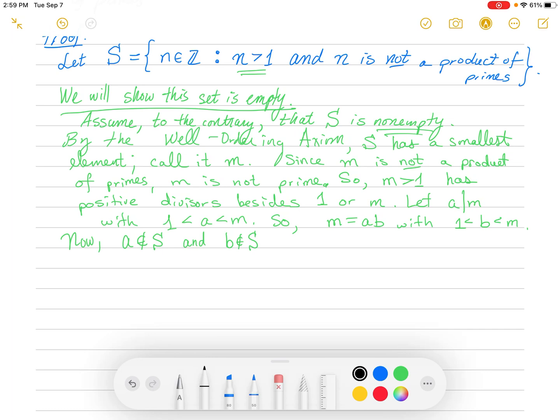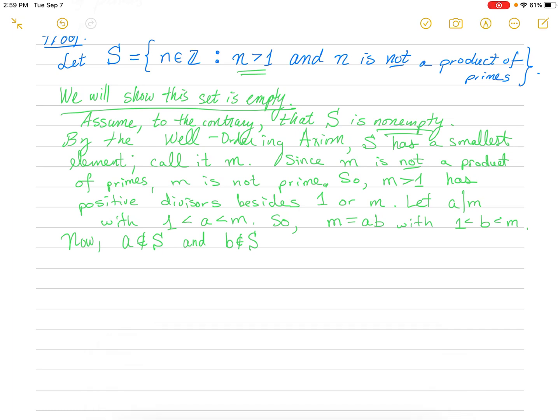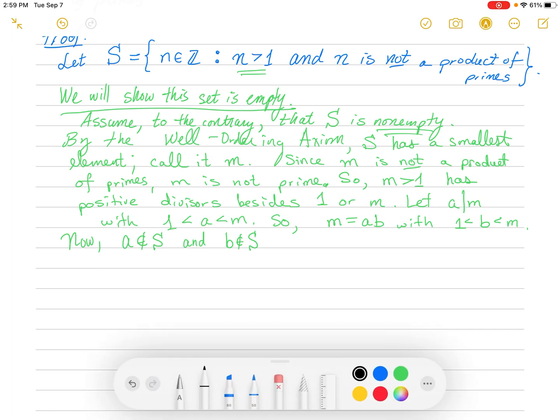Why is A not an element of S? Well, remember, A is less than M, right? If A is smaller than the smallest element of S, then it wouldn't be able to be an element of S. So A cannot be in S.